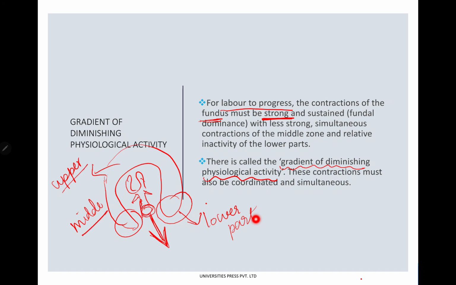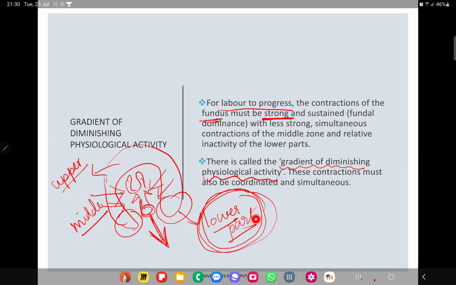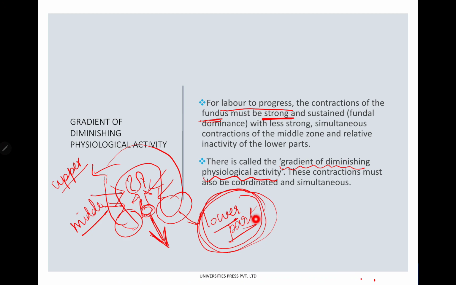So basic common sense says that if the middle zone contracts, and the lower part is inactive, this baby can smoothly be delivered.